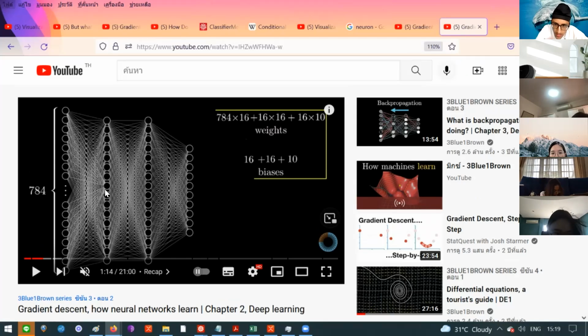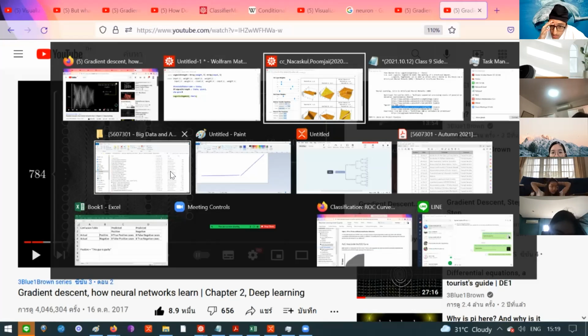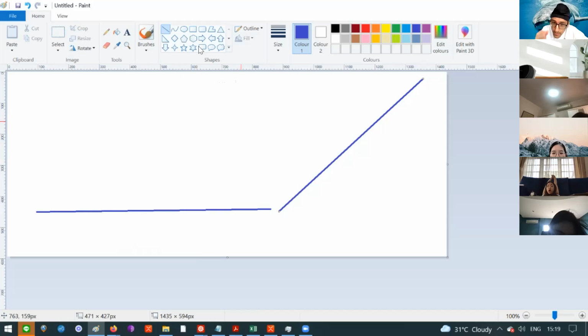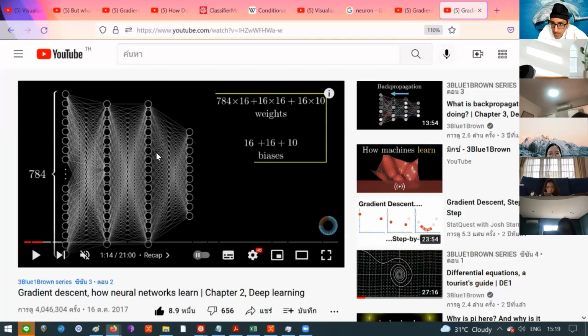Sometimes when you see a neural network lecture, you see something that looks like this. So that's one neuron. This is a bank of neurons. This is another bank of neurons.